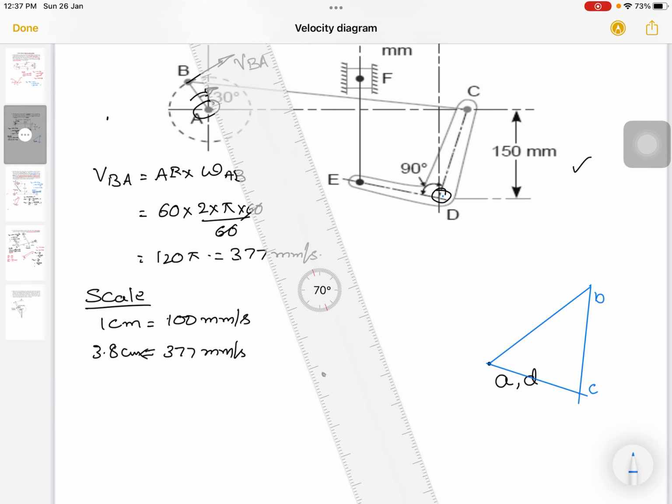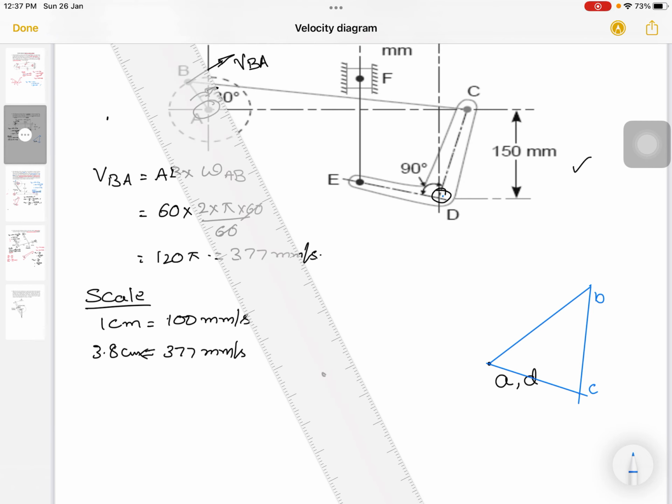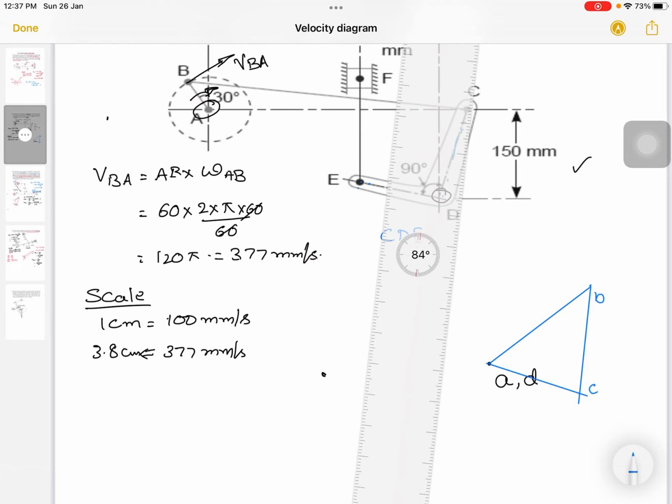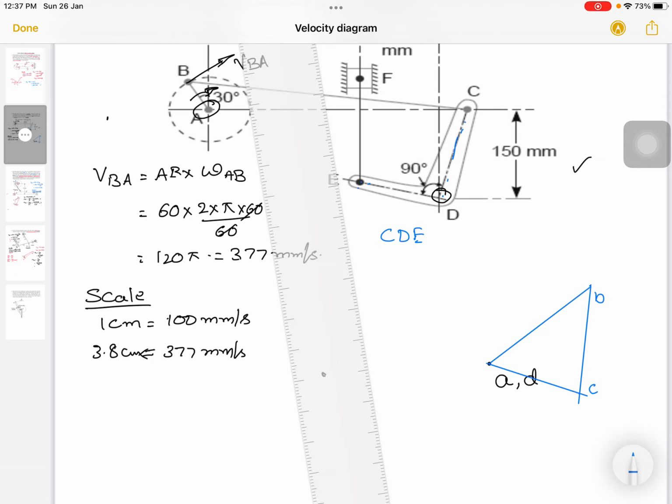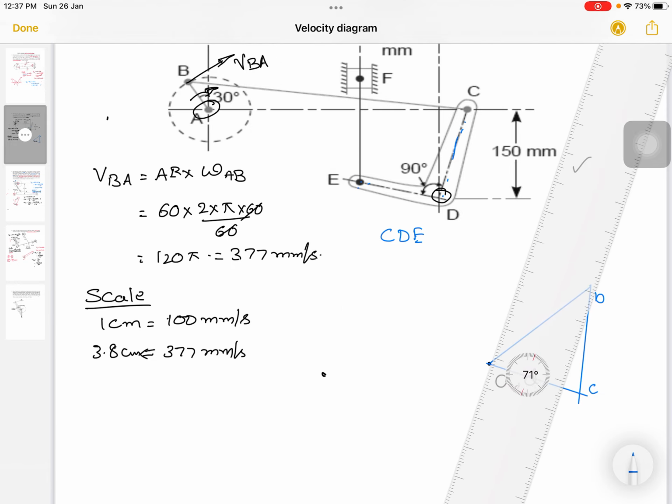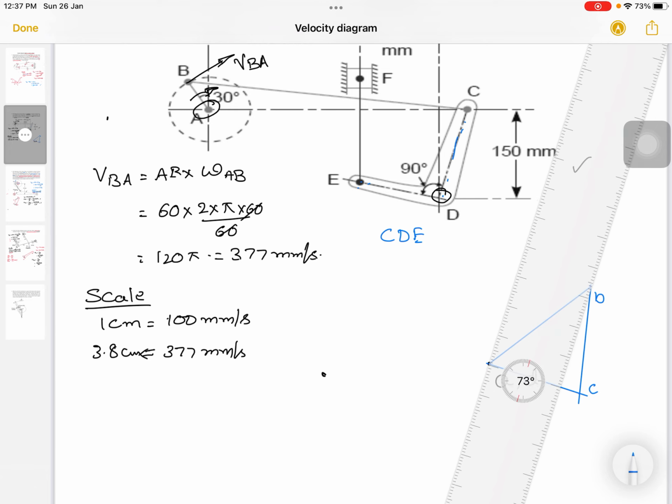Now in this case, CDE is one link. You can draw CD and DE at 90 degrees to each other. Now draw a line perpendicular to AC.